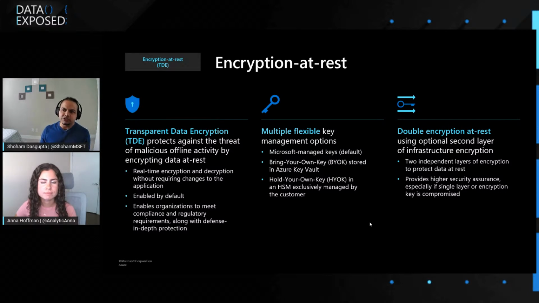Rather, at Azure SQL, we advise that customers should have a multi-tiered security approach. You can use other features, starting from authentication, authorization, network security, and encryption at rest, to build a multi-tiered defense in depth approach as your best security strategy.